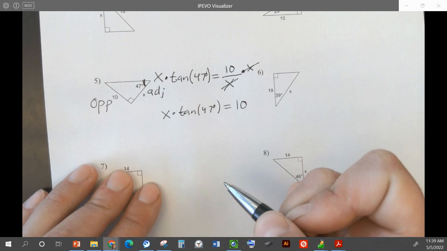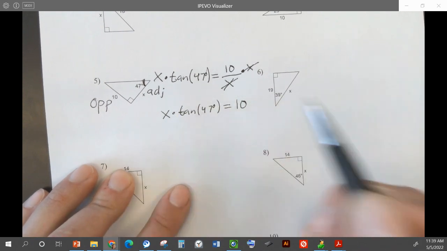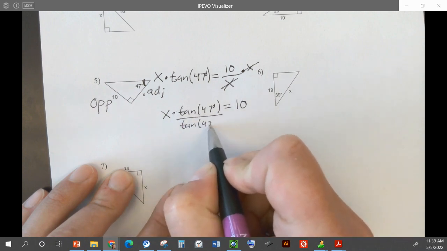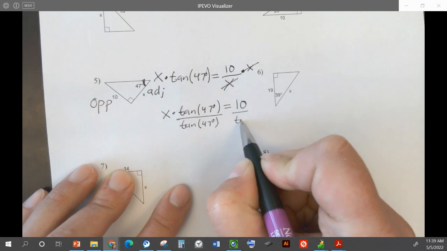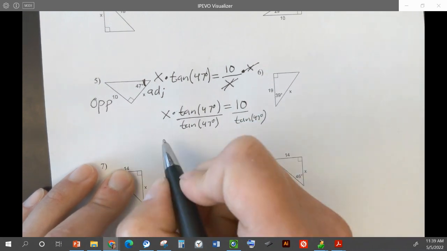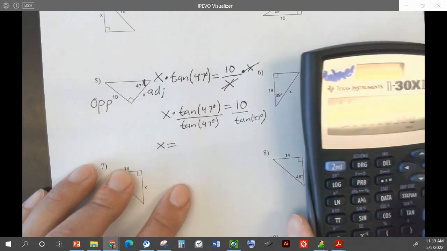So now I need to do the opposite of multiply by tangent of 47. I'm going to divide both sides by tangent of 47. So now we can find x. x is 10 divided by tangent of 47.